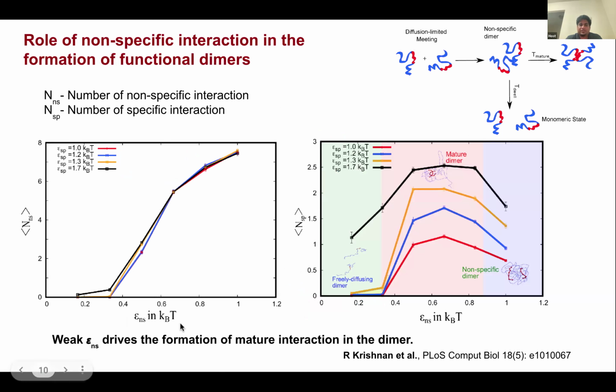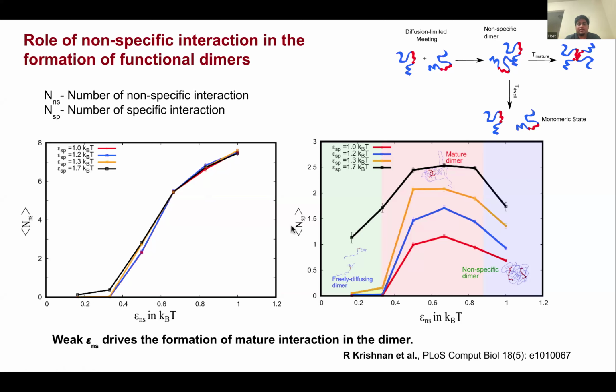With an increase in non-specific interaction, the number of non-specific contacts increases. So we increased interaction between any region within the protein. The proteins coming together becomes more plausible, and it increases with increase in interaction. It is very trivial.